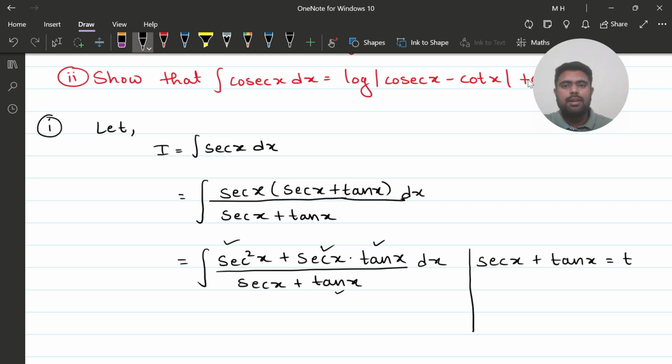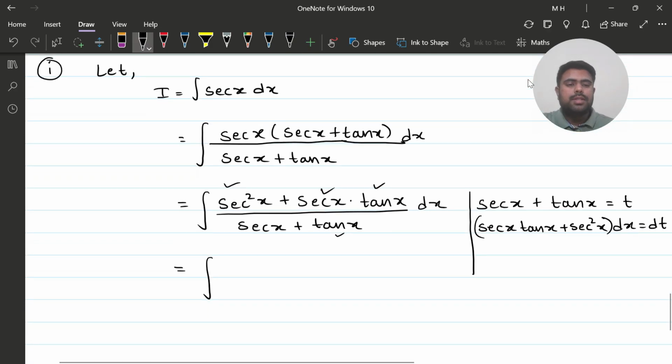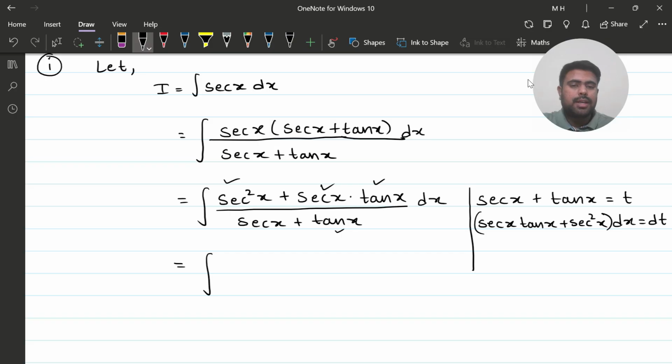So sec x tan x plus sec square x into dx is dt. This is equal to the integral of sec square x plus sec x tan x into dx is dt. So nothing remains on top except dt, and 1 by sec x plus tan x in the denominator would be t.